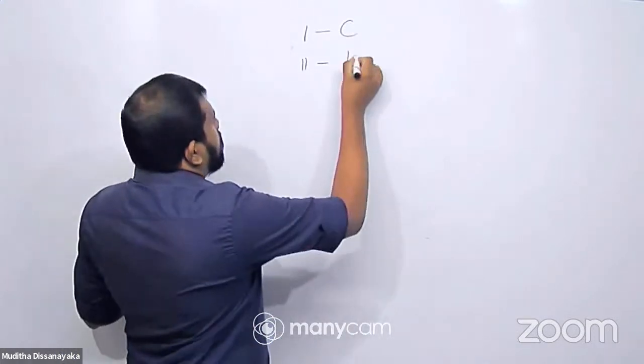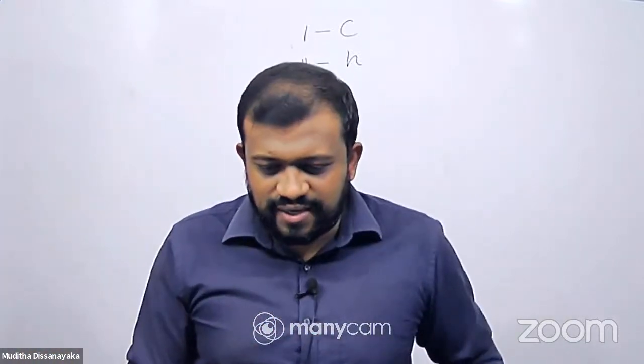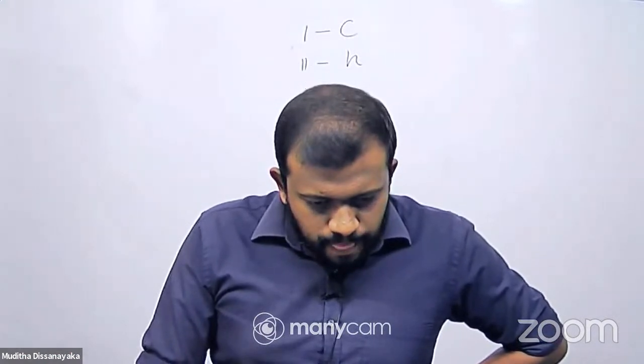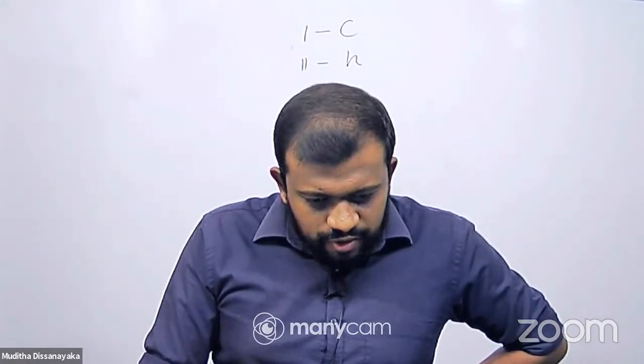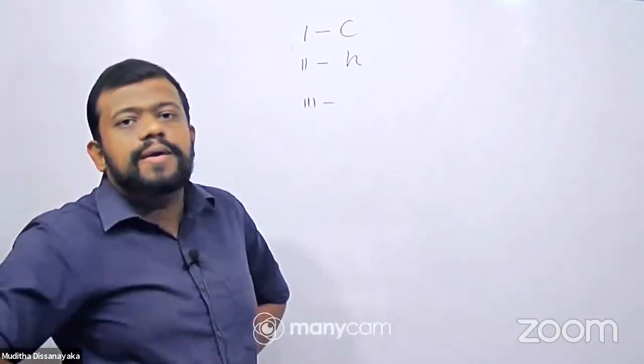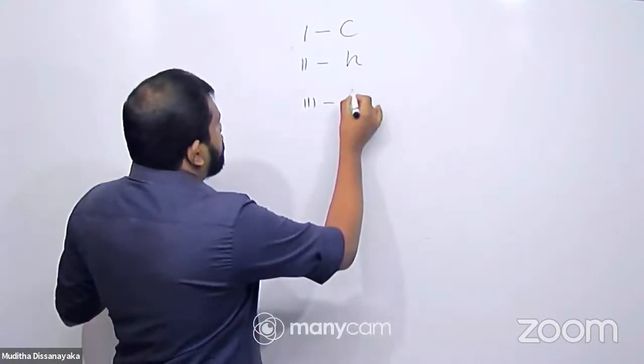Number 3. I'm scrolling down 2 pages. A bacteria important for the production of biogas, Methanococcus. Methane is biogas, that is how you remember. Methanococcus, that is B.